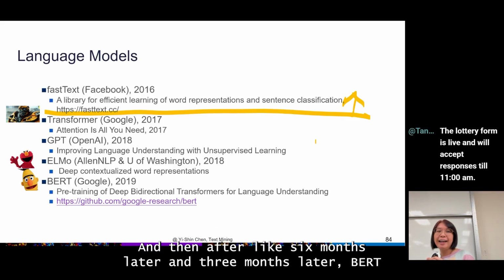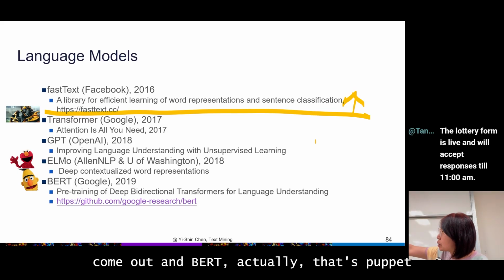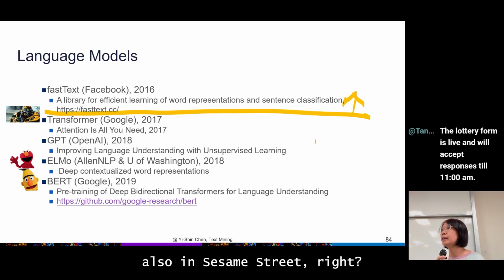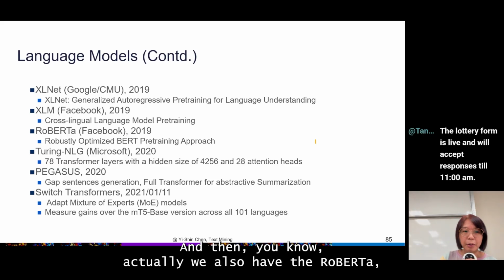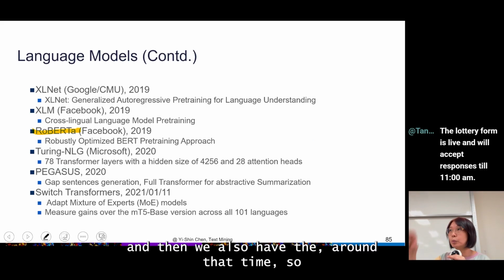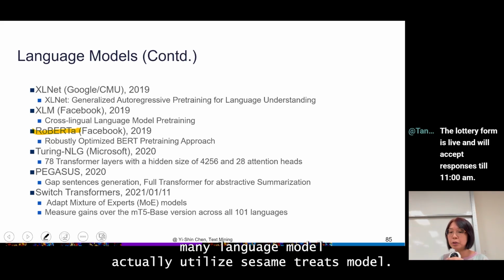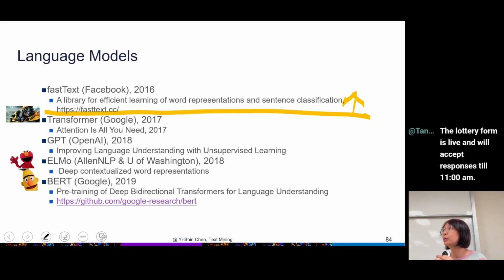Things will change. After like 6 months, or 3 months later, BERT came out. And BERT is also a puppet in Sesame Street, right? And then we also have RoBERTa, and around that time so many language models utilized Sesame Street's names, okay?